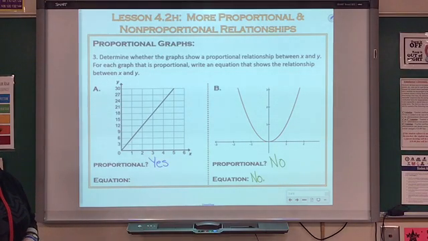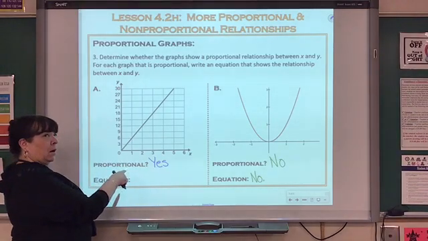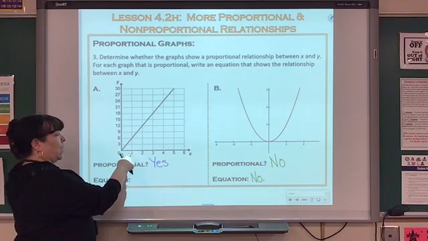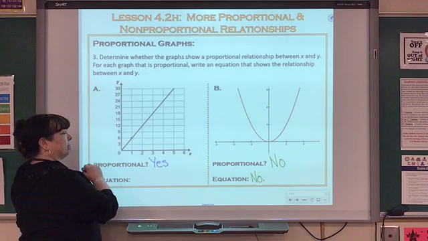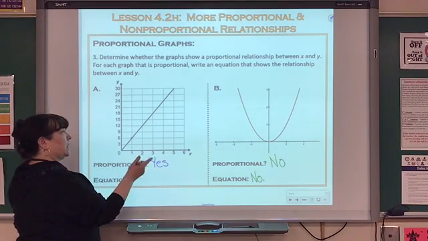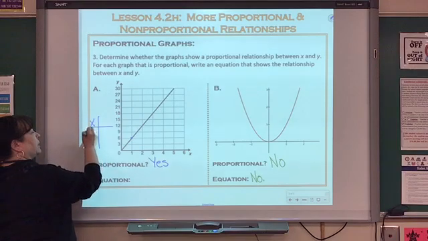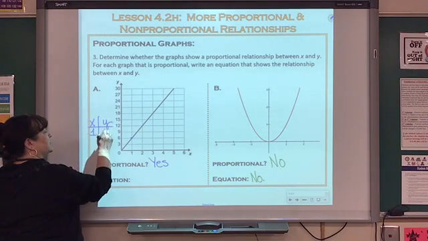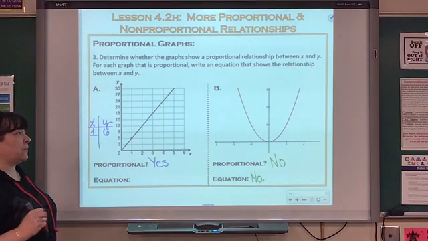How do I write an equation? Well, as I look here, oh, I've got a 1 right there. 1 and 6. When I put in a table that my x value is 1 and my y value is 6, let's see if that other pattern follows.